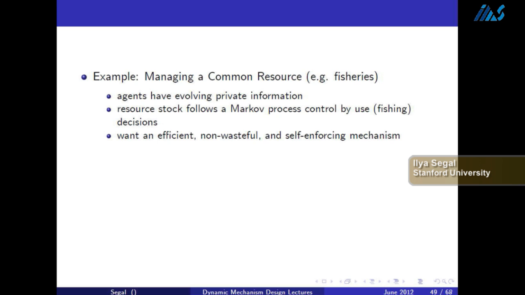And also, if it's an international agreement, then you would like it to be self-enforcing, so that you don't need to rely on some enforcement agency, but you can make sure that if somebody deviates from the agreement, there will be some punishment available that the agents themselves could undertake.